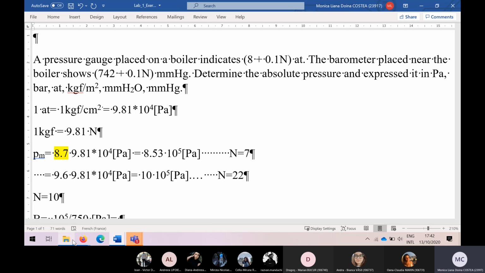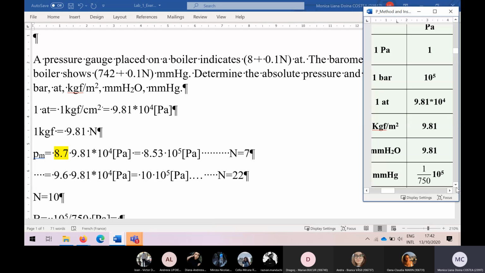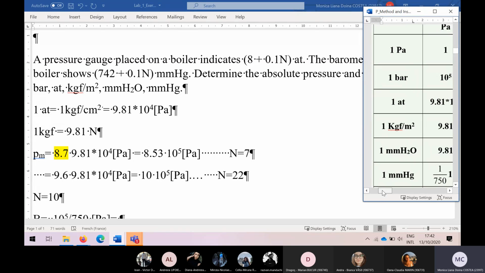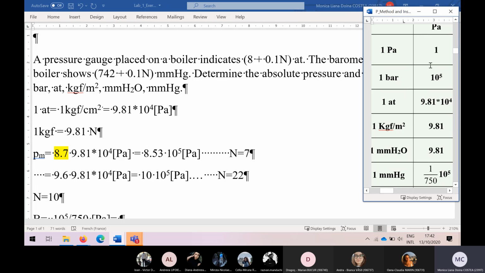You have in the table the passage in Pascal. This 1 millimeter is present here, so you replace your value instead of 1. Dividing by 750, you get bar, and from bar to Pascal, 10 to 5.